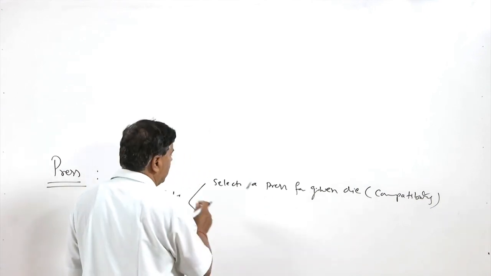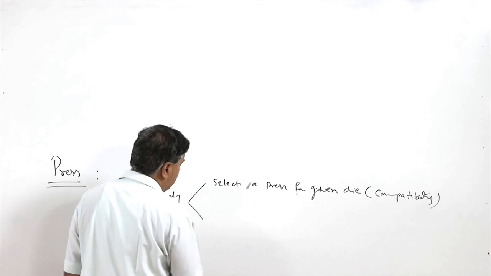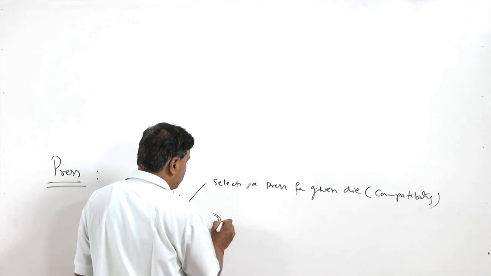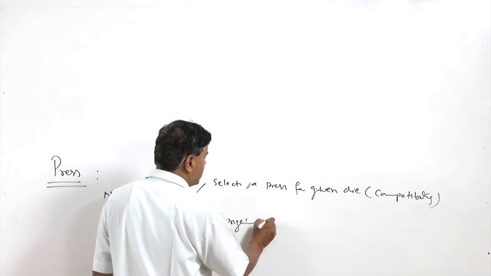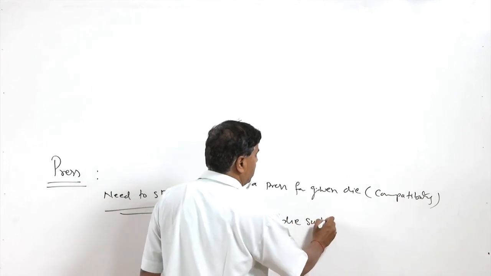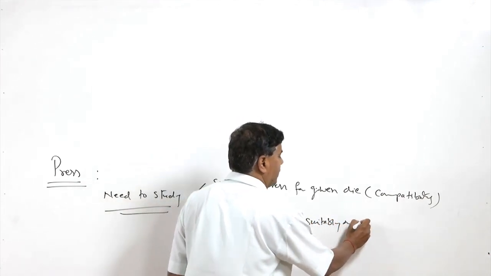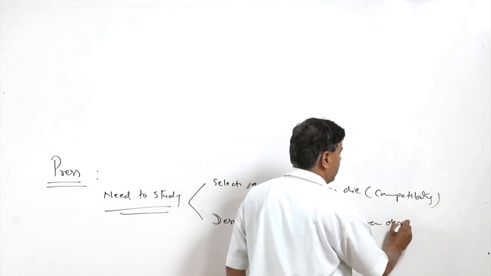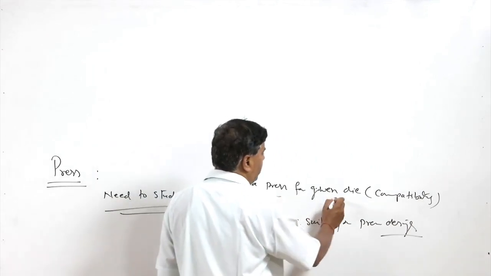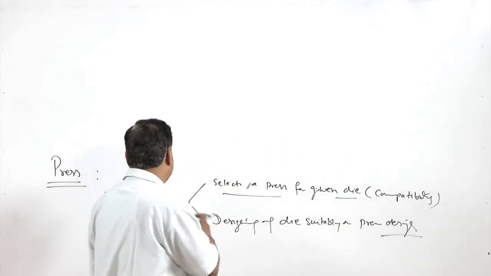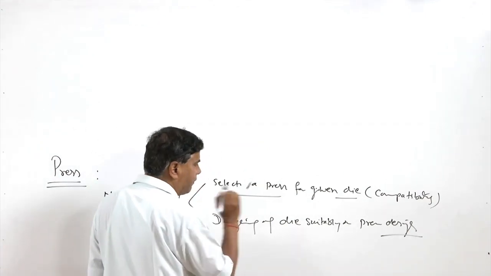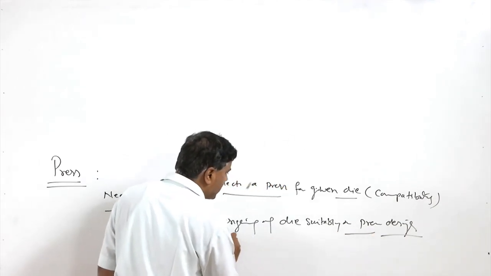Another one is the case where the study also helps us in designing the die suitably as per the press design. We can select the suitable press for the given design if we are familiar with the kind of presses that we have, or if we are familiar with the presses, then it also helps in designing the suitable die.